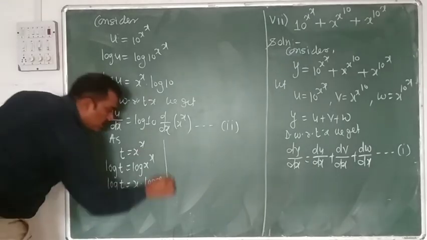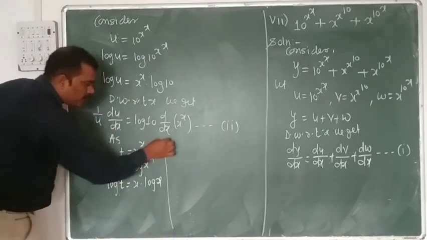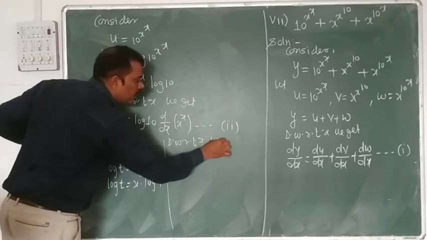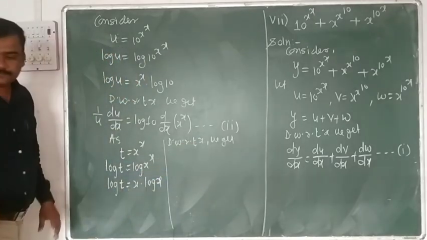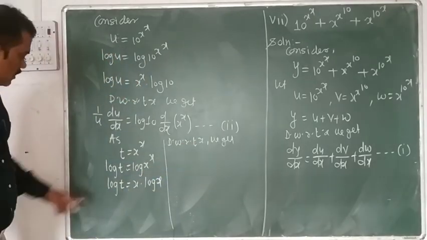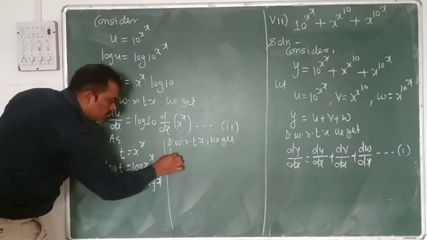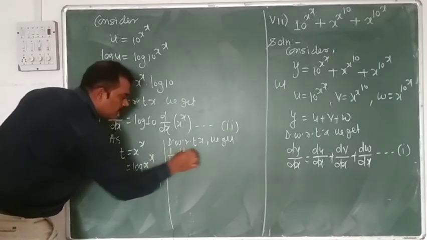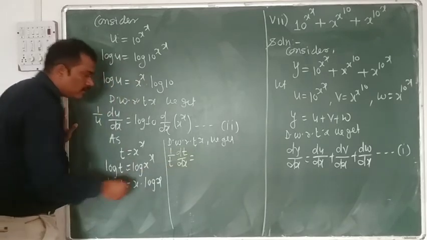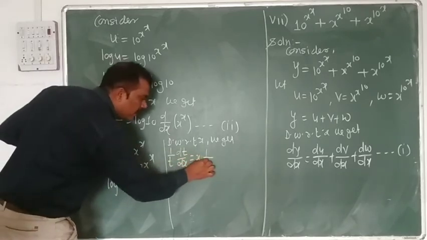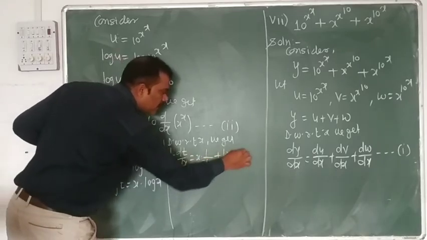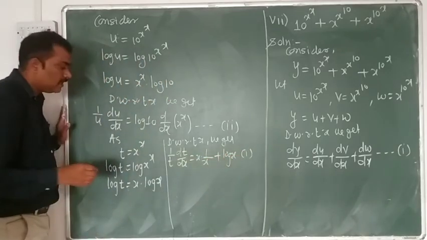We differentiate this with respect to x. What is the derivative of log of t? It is 1 upon t dt by dx, which is equal to, using the product rule, first function as it is, derivative of second, that is 1 upon x, plus second function log x as it is, derivative of x with respect to x which is 1.